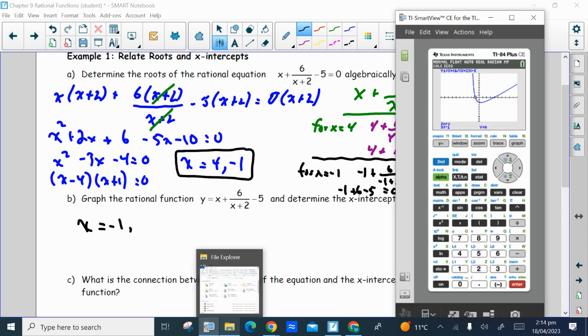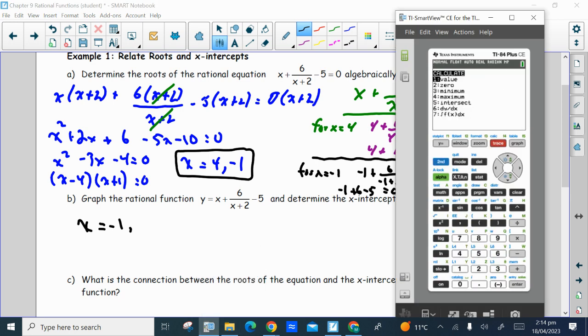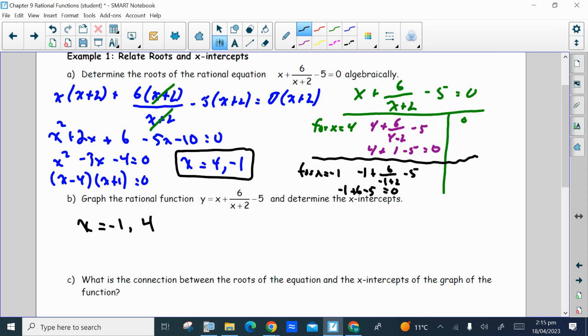To find the second x-intercept, second function trace, number 2 for our 0. I'll put my left boundary at 3, my right boundary at 5, and it gives us x equals 4 as our second x-intercept, which matches the solutions or the roots to the equation.